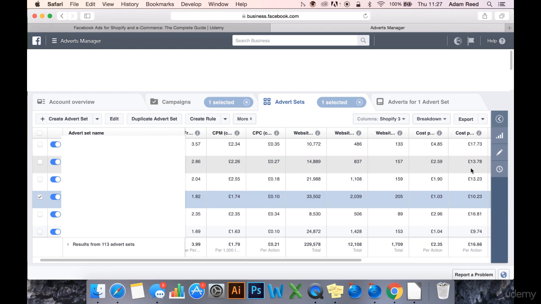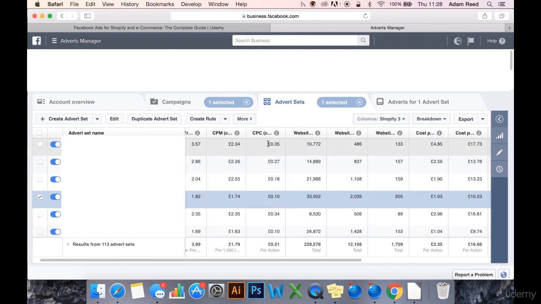It's just a Brit term for pound. And then 34 pence cost per click, we're looking at just under £20 cost per purchase. Okay? So that's how you decipher what ad creative is best. You need to be split testing your ad creative or your audiences, and whatever has the lowest CPC clearly is the better performing ad creative or targeting.